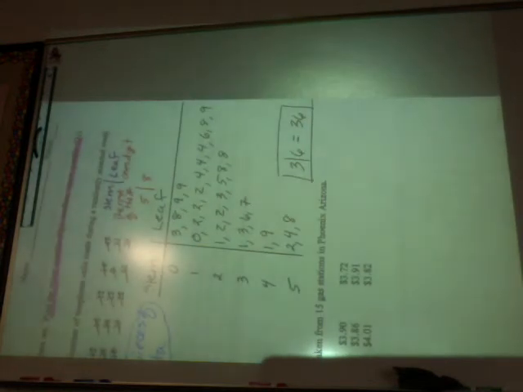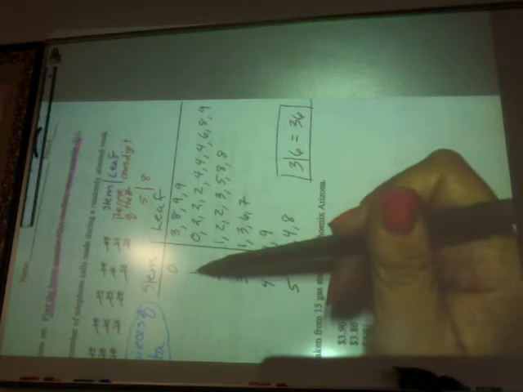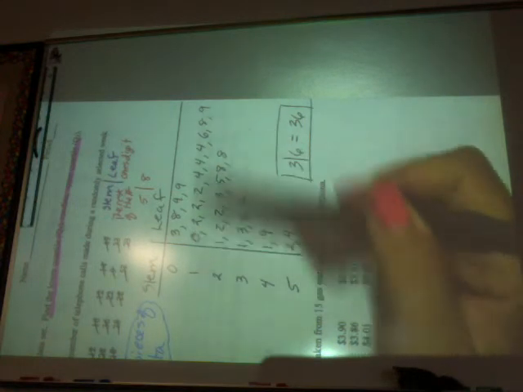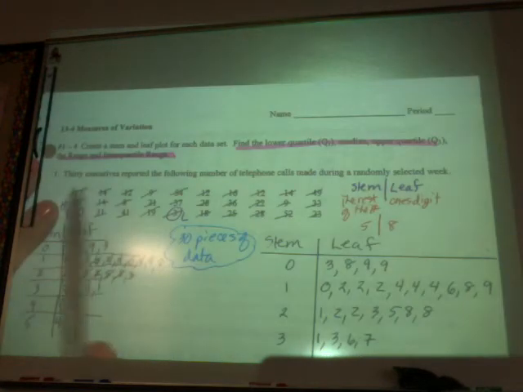Skewed to the left. And then if I have 30 data items and 10 of the data items are in the one stem, couldn't you say 1/3 of the data is in it? And what's the data related to? Executives reported telephone calls.